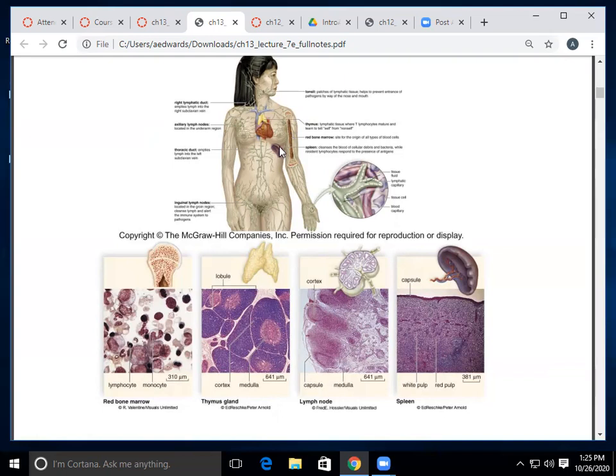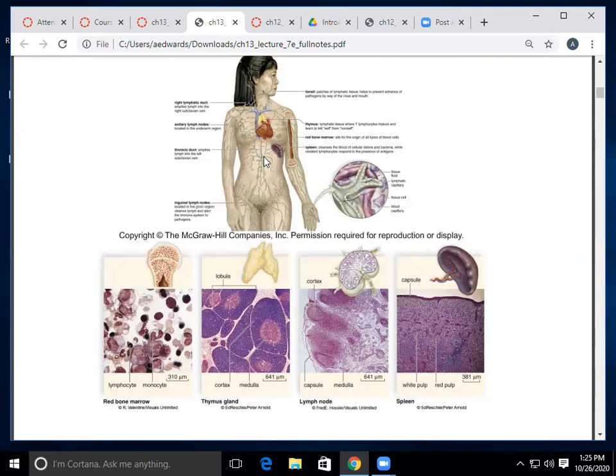Your spleen cleanses your blood of cellular debris and bacteria. You also have lymphocytes there. These are also immune cells, and they are going to respond to the presence of materials your body thinks are foreign. We call those antigens.